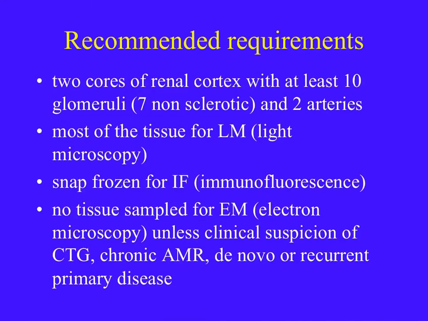Ideally, 2 cores of renal cortex containing at least 10 glomeruli and 2 arteries should be received. Most of this tissue is processed for light microscopy, however in some centers a small fragment of the core is snap frozen for immunofluorescence studies, whilst in other centers immunohistochemical peroxidase studies are preferred.